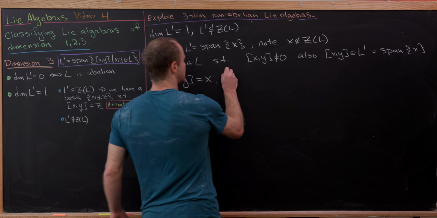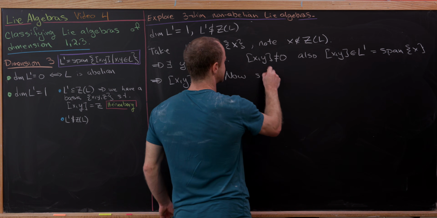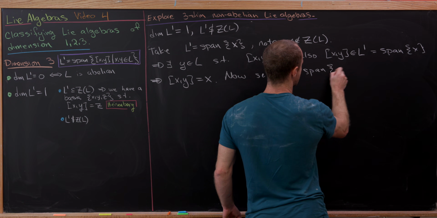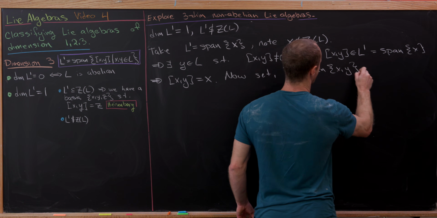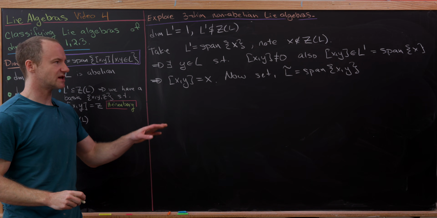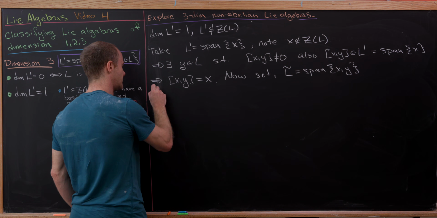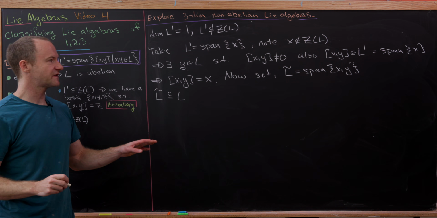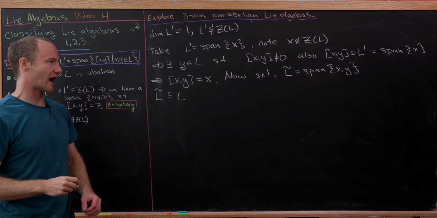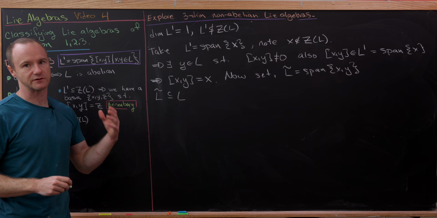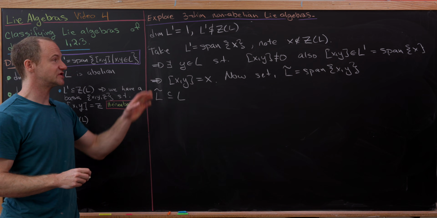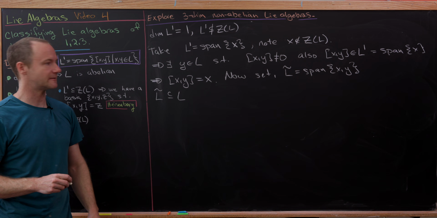Okay, so now let's set L tilde equal to the span of x with y. But notice that this is a subalgebra of L. And we know that this is a subalgebra of L because it closes under the bracket. Bracket of x with x is 0, bracket of y with y is 0, and bracket of x with y is x, which is inside of L tilde.